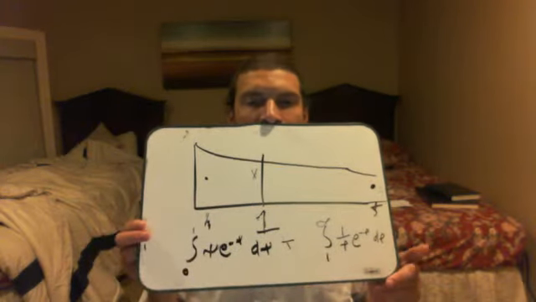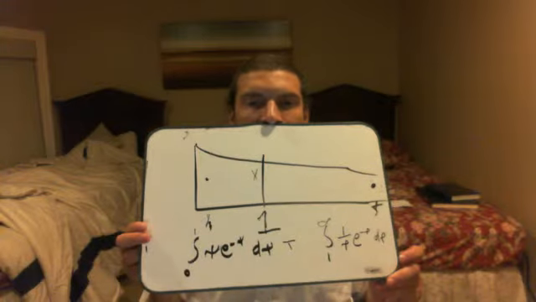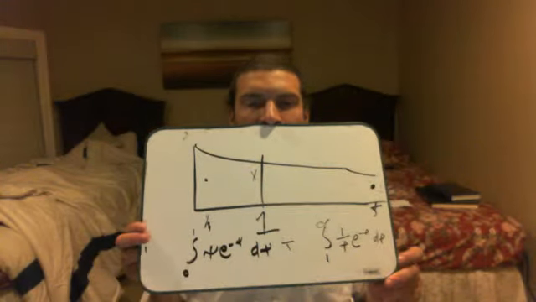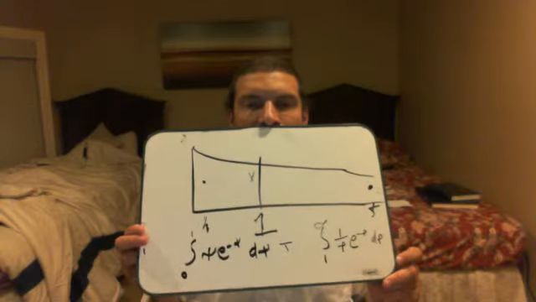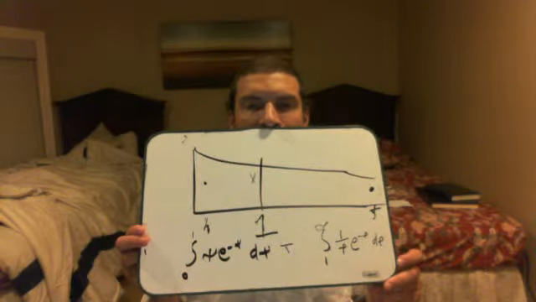Look at the right side, plus the integral from 1 to infinity, all the way on the right side, of 1 over x, e negative x dx.